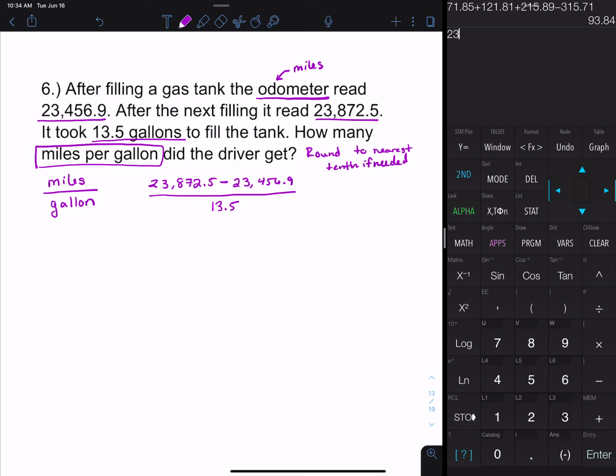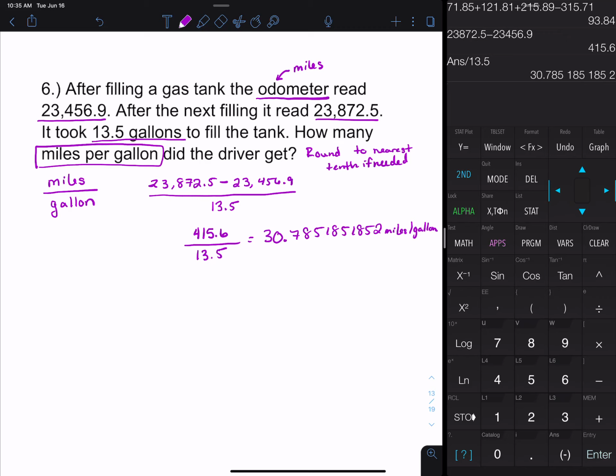So 23,872.5 minus that 23,456.9. And that's going to give me 415.6 up in that numerator, the top part of the fraction. And then I'm going to divide that answer by 13.5, and that gives me 30.7851851851852 miles per gallon.